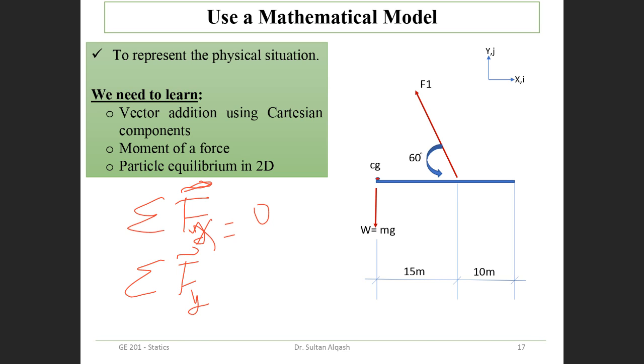So guys, please, if I do not write the arrowhead or the arrow on the top of any vectors, you should know this is a vector. You know, the force is a vector, velocity is a vector. So if I write, for example, velocity without an arrowhead, because sometimes I forget when I use the right hand, it is a vector.